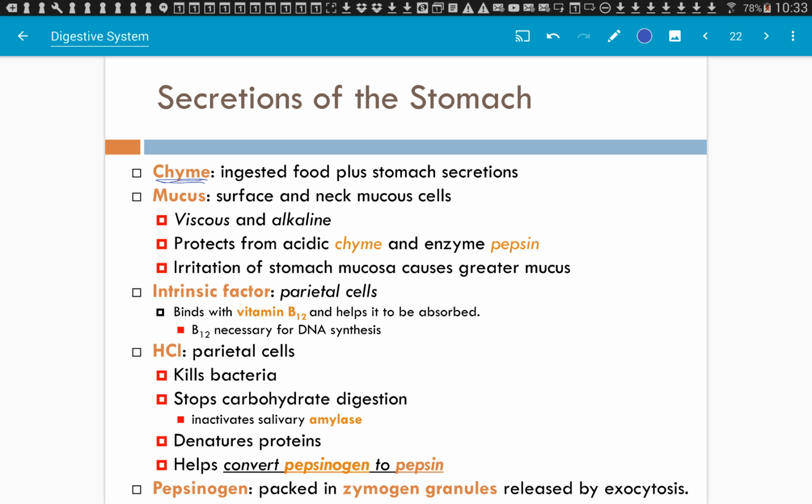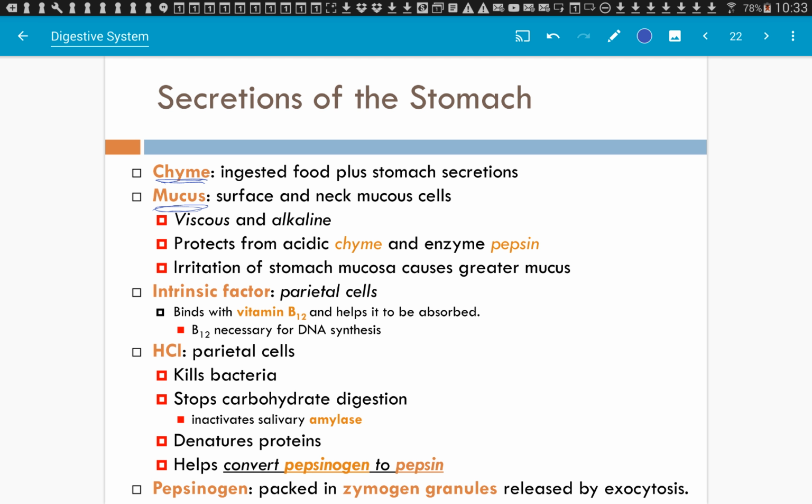And if you don't remember already, mucus is important in the entire alimentary canal, and in the stomach especially, because that's where we have some really strong enzymes and really strong hydrochloric acid. And we don't want it to actually reach the tissue of the stomach, because then it will start eating it away, and then you could get a perforation and all sorts of awful things could happen. So we don't want that.